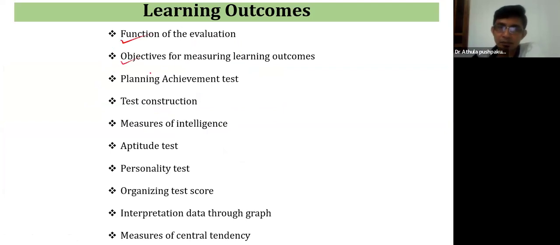Second, objectives for measuring learning outcomes, planning achievement test construction, and measures of intelligence, and also the aptitude test part are completed. Lastly, today I'll move on to the personality test. This is the area we have to discuss.